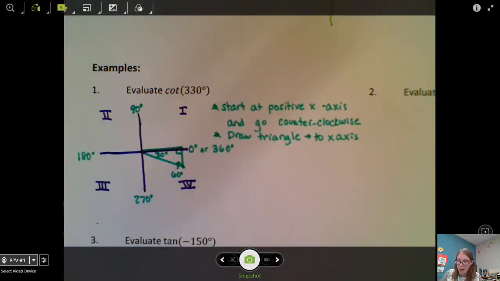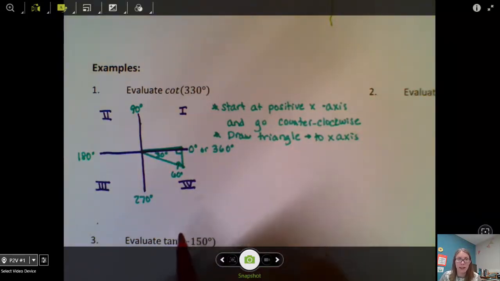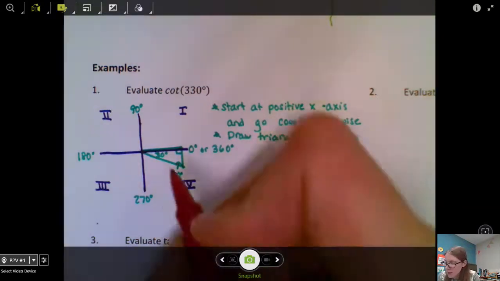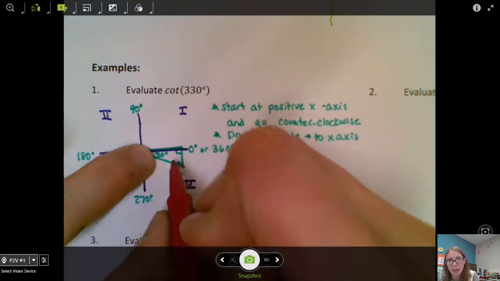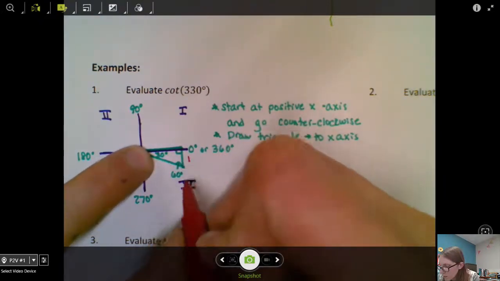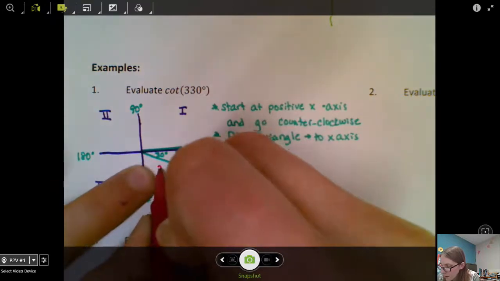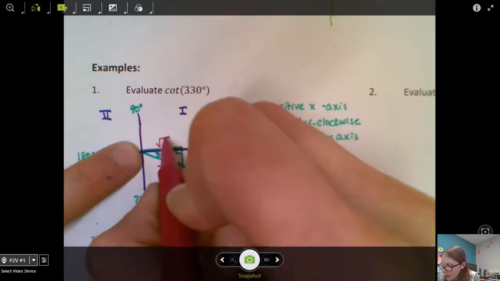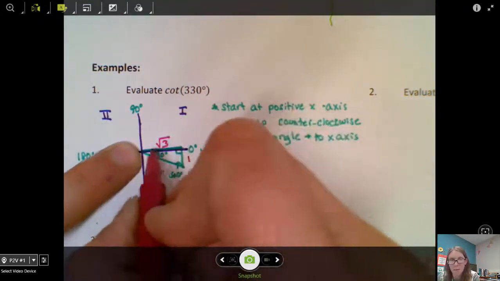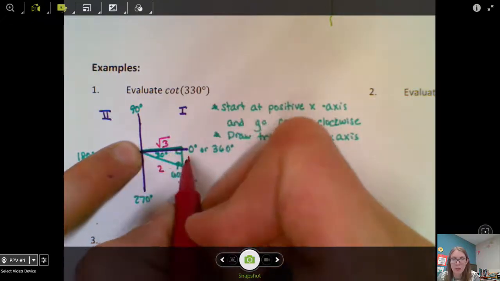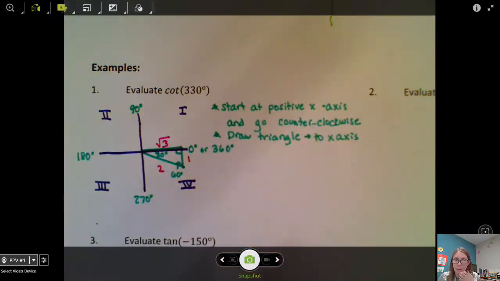So we can fill in our triangle with the corresponding side lengths from our special rights. Our shortest side is across from your 30-degree angle. Here's our hypotenuse. Our width here is your short leg times the square root of 3.